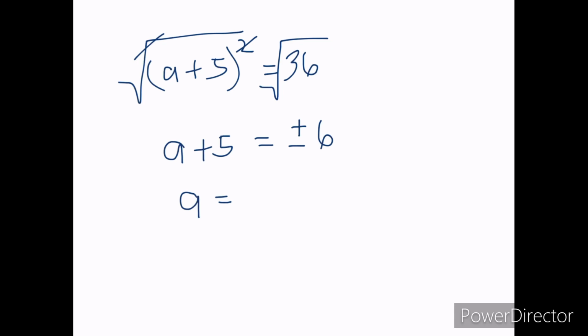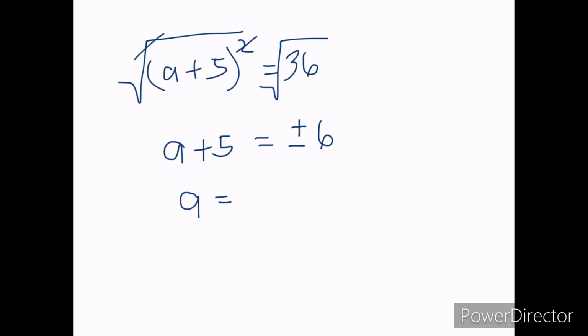Another example, the square of 3x plus 5 minus 100 is equal to 0. Again, isolate the quadratic term. So we just simply copy the square of 3x plus 5 is equal to, transpose negative 100 to the other side, it becomes positive 100. Next, get the square root of both sides.